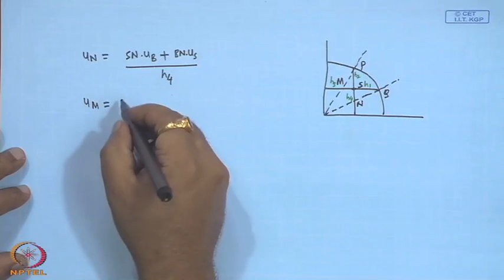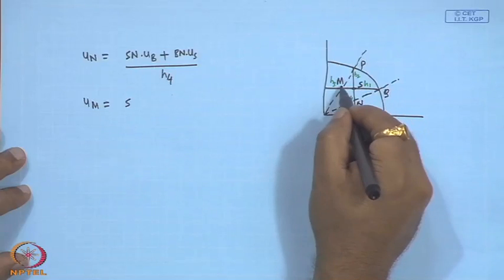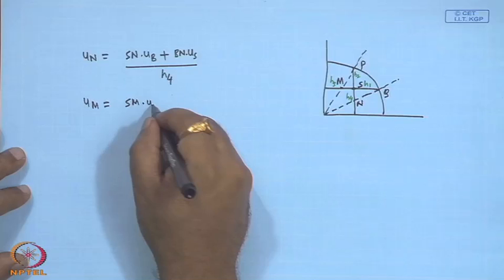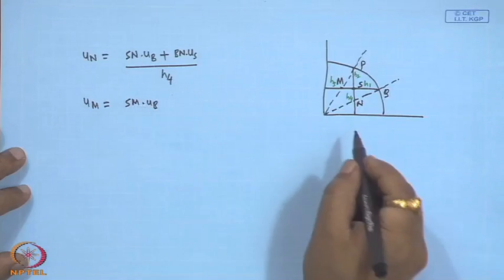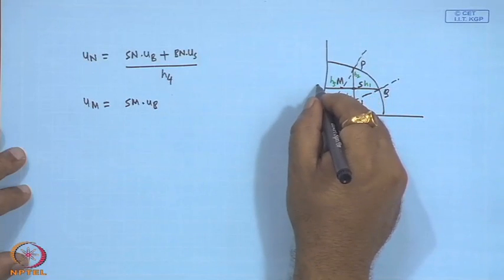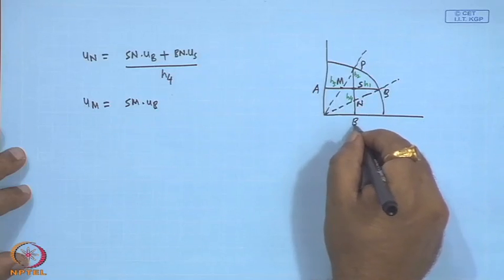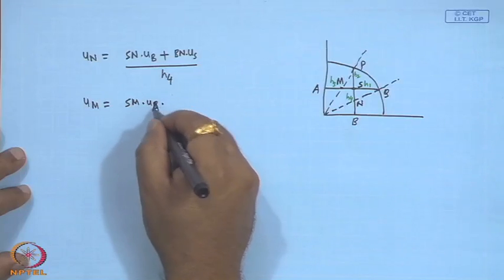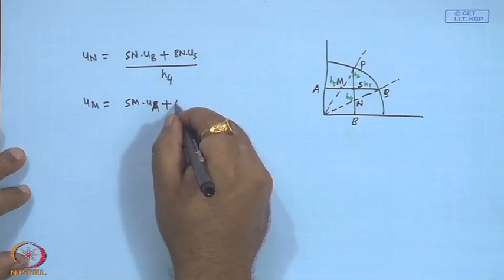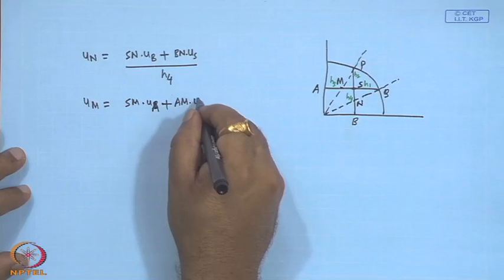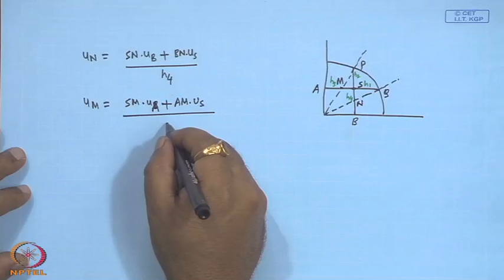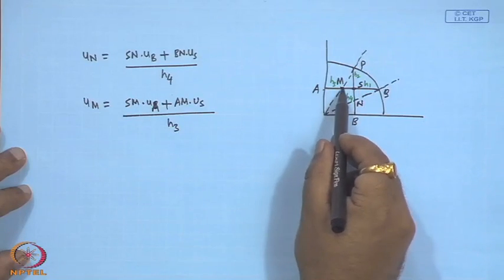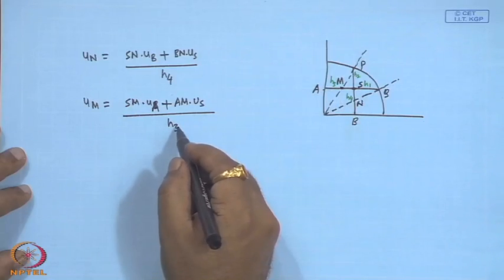Then similarly, here it will be (SM u_B plus SM u_A plus AM u_S) by H3, because SM into u_S plus AM into u_S by H3.